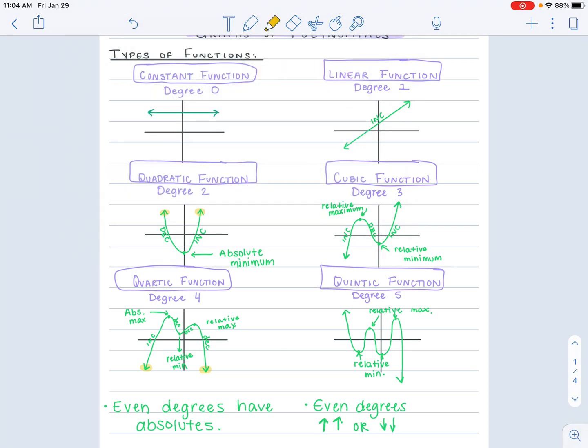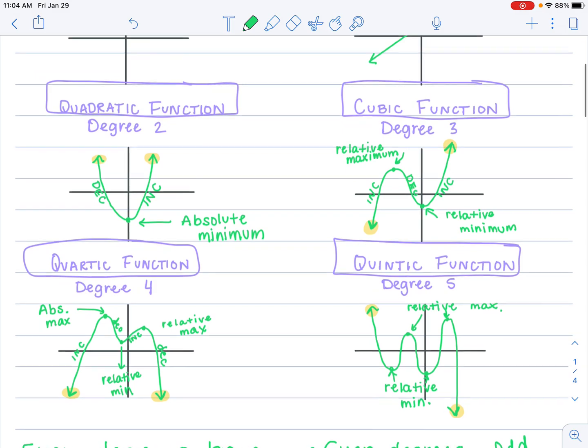They're either going to be both up or both down. Whereas on the odds, the arrows are facing different directions. All right, so that is a commonality.